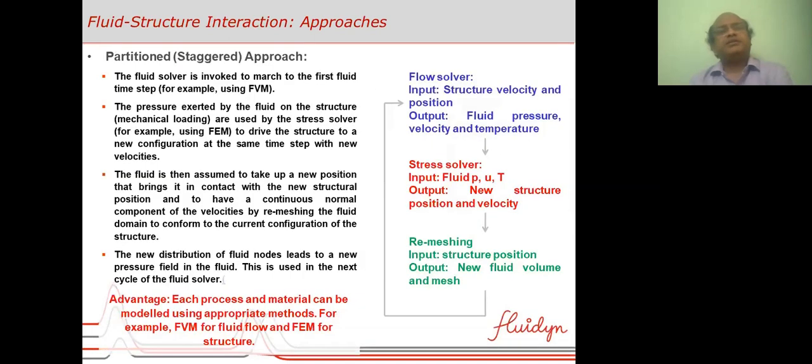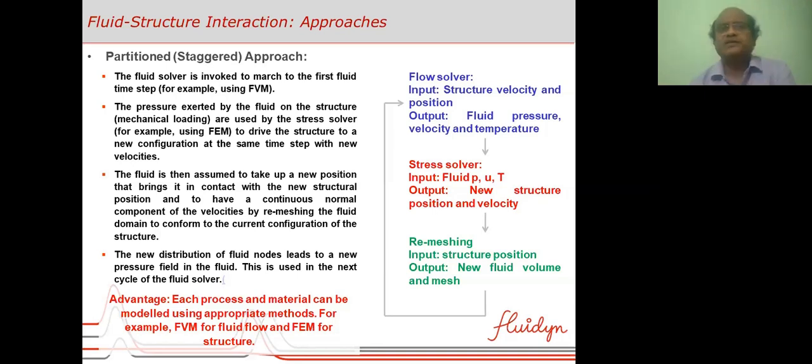Then the second method is a partitioned approach or a staggered approach. In this, the flow field is obtained using one method, and the field in the structure, it could be a stress or strain of the structure, or the temperature in the structure, is obtained using another method.